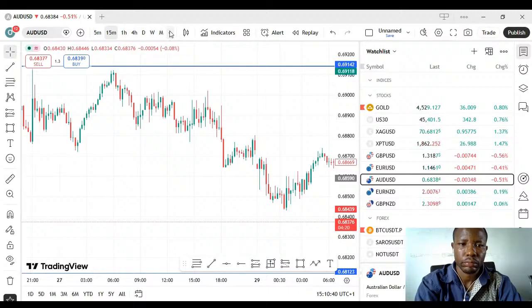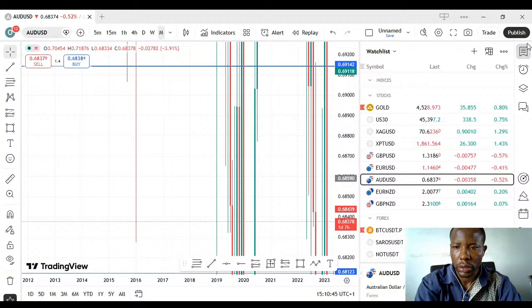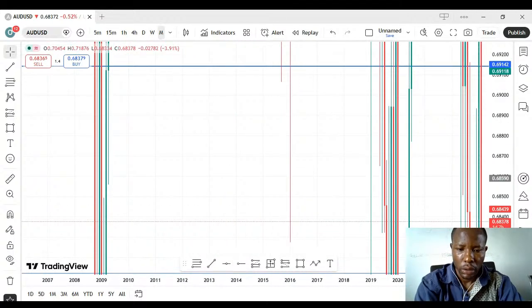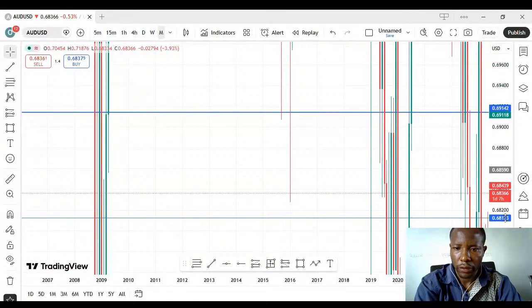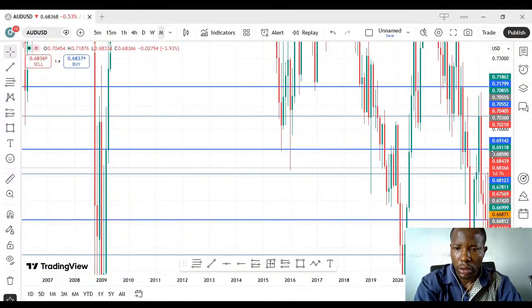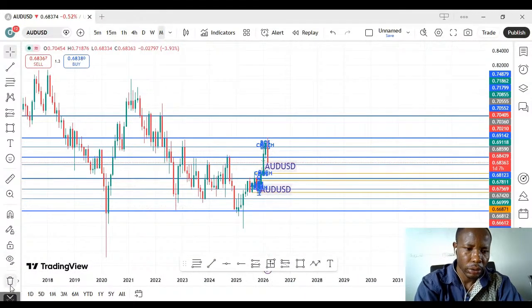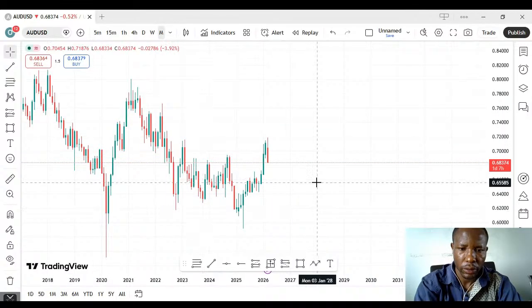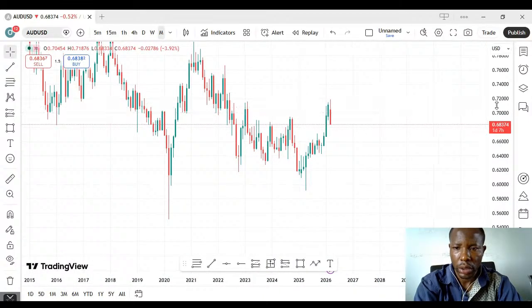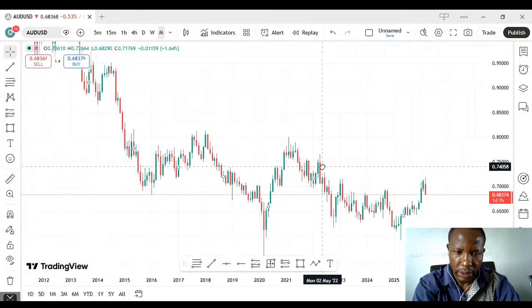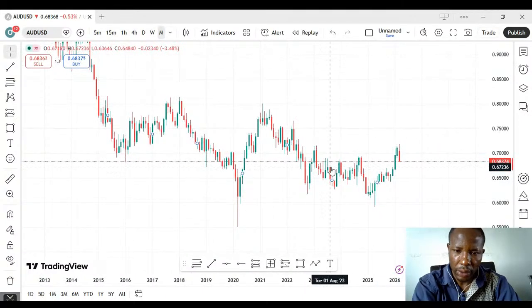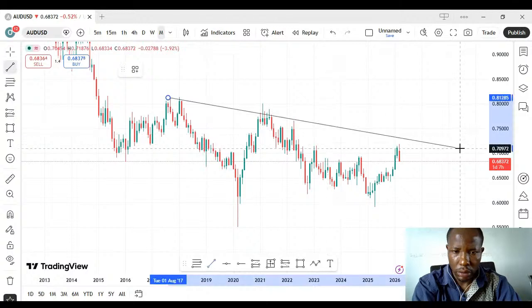Okay, to the monthly chart, then we clear up this. Oh yeah, we are still following. Let's look at AUD USD. Very clumsy, clear up all this. Wow, so the monthly chart is dropping, and you can see overall it is south.